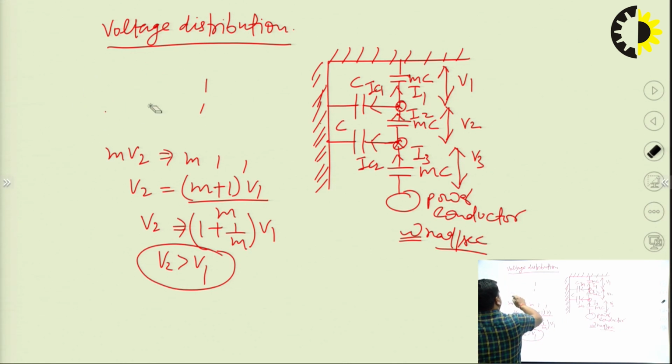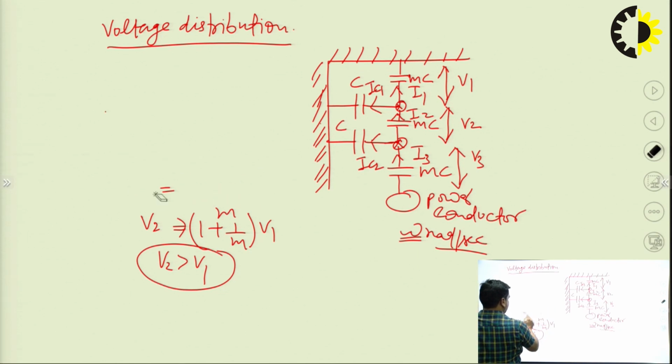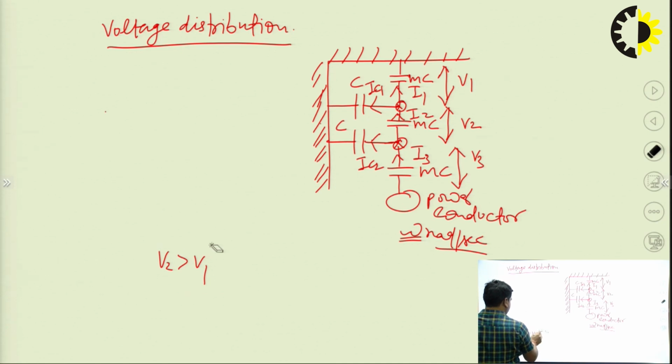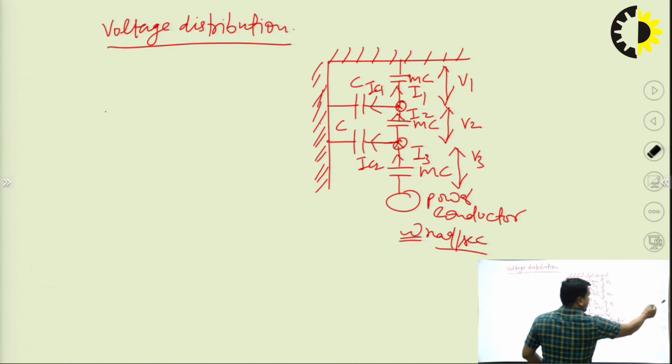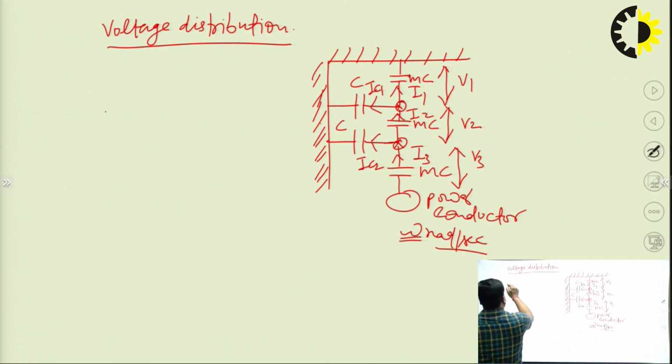For this second disc, at this point I3 equals I2 plus IC2. What is I3?